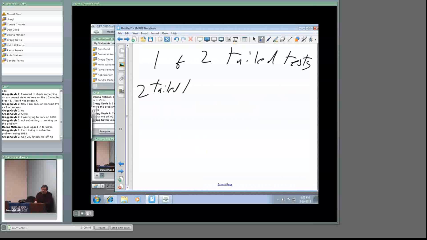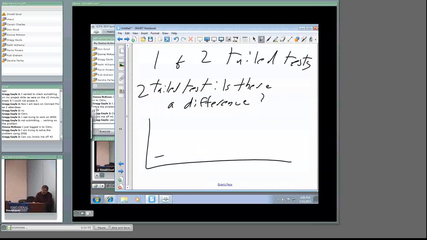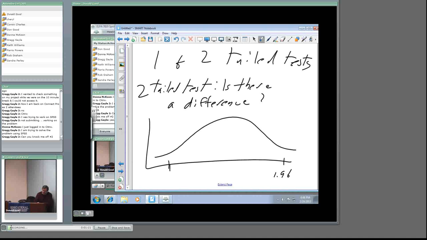A two-tail test asks a question like, is there a difference? And a two-tail test has to do with the normal curve. And remember, I found that plus or minus 1.96 as our boundaries between common and rare.